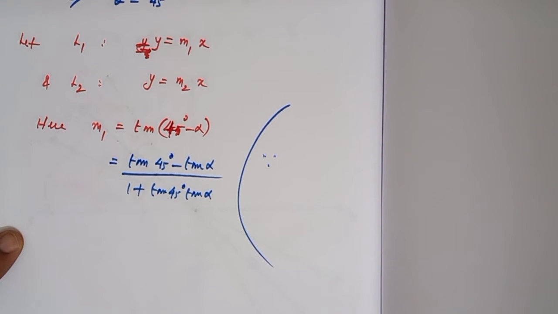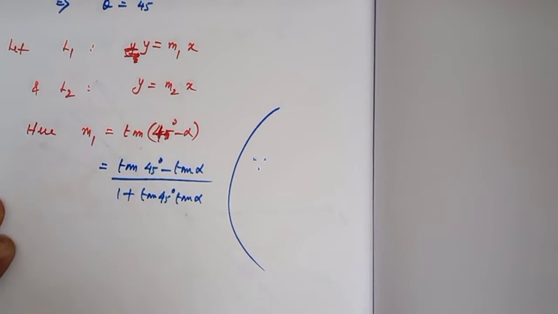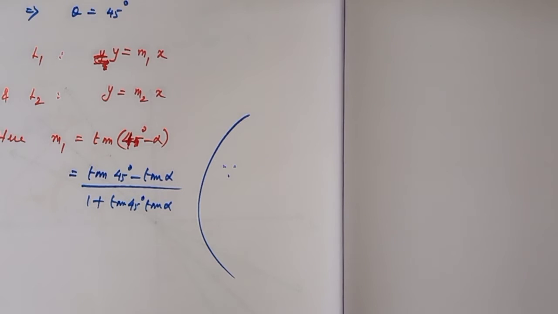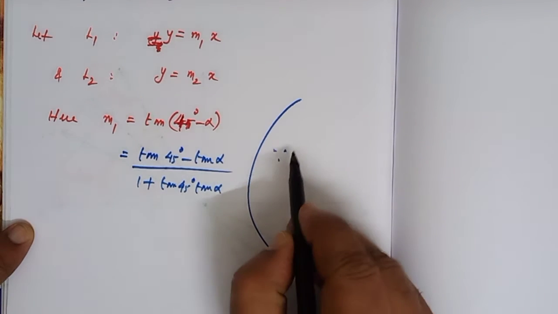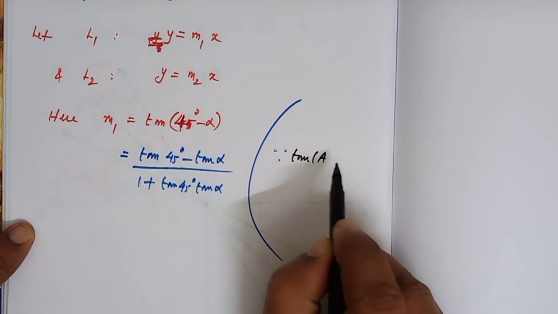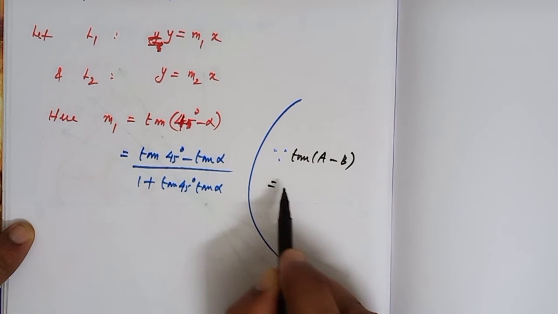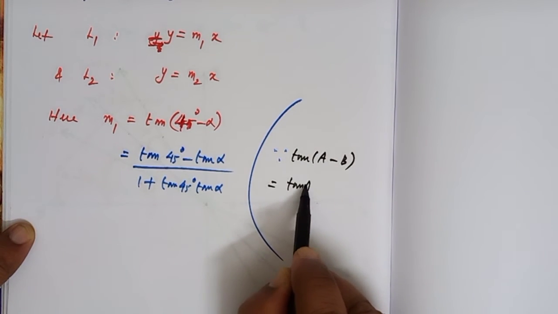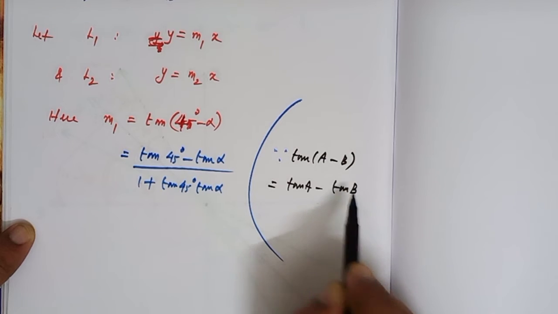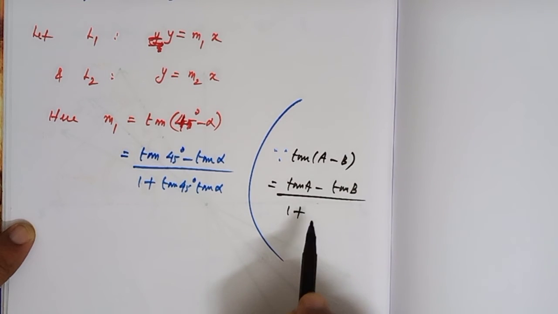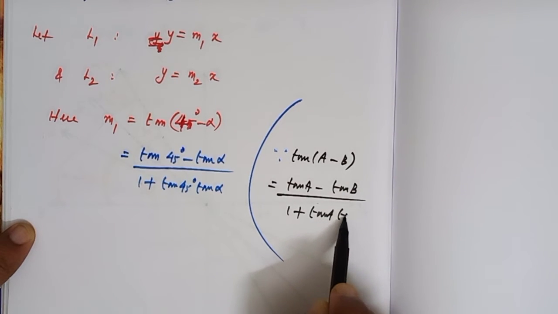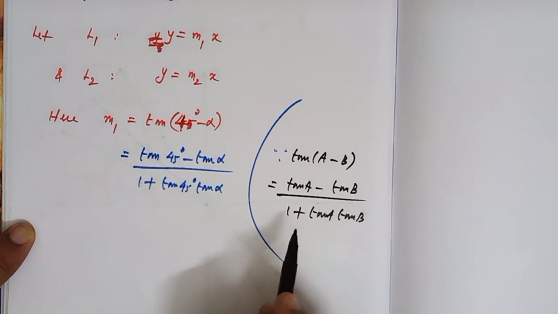Since tan of a minus b is equal to tan a minus tan b divided by 1 plus tan a into tan b, I have applied this formula here.